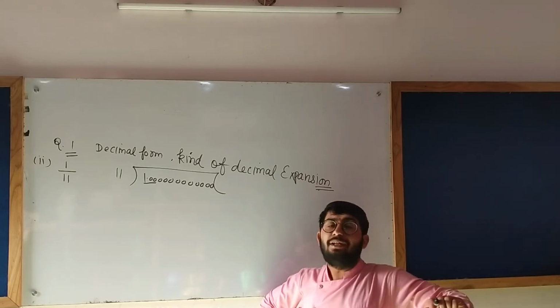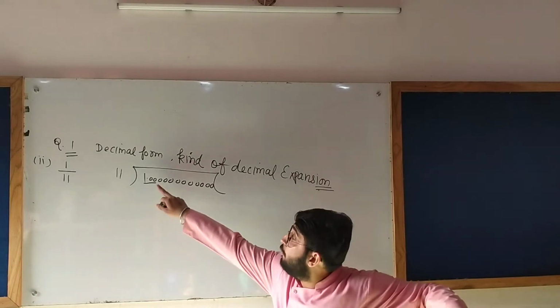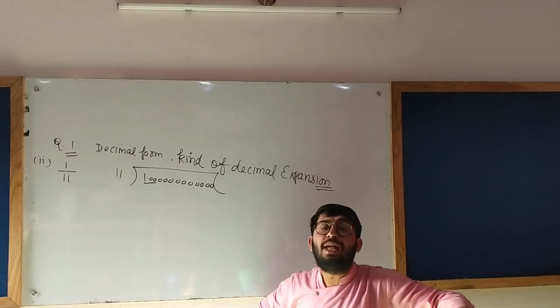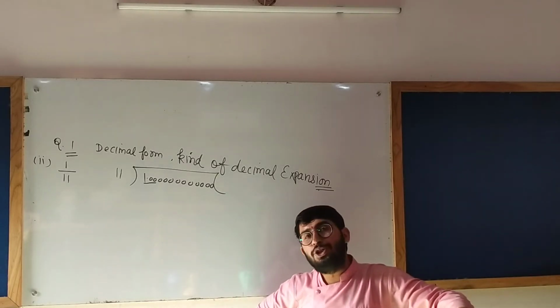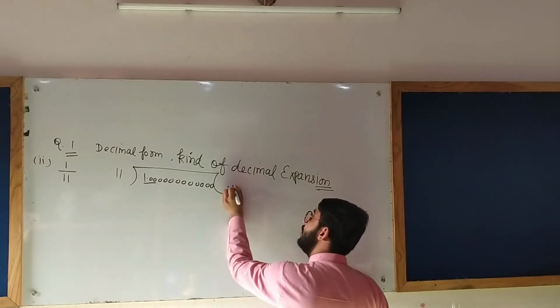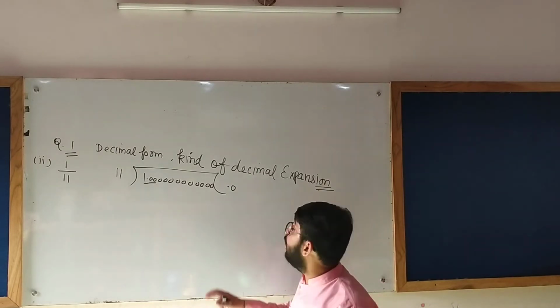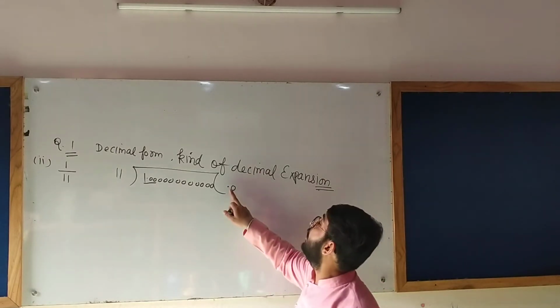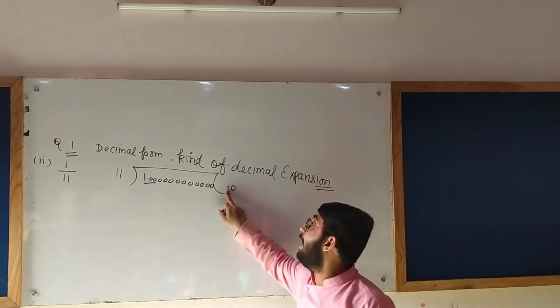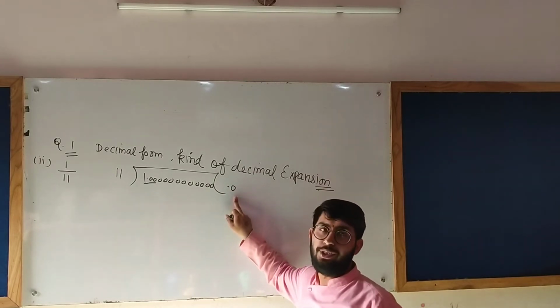But for writing that quotient as 9, I have used 2 zeros. For the first 0, I will write a point. For the second 0, I will write 0 after the point. Because I have used 2 zeros, for the first 0 I wrote the point here, and for the second 0 I wrote 0 here.